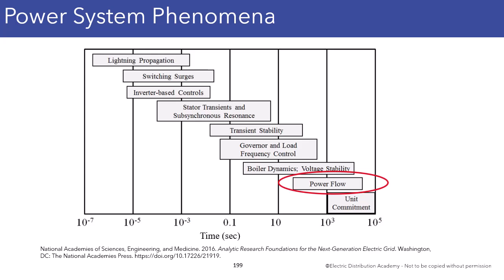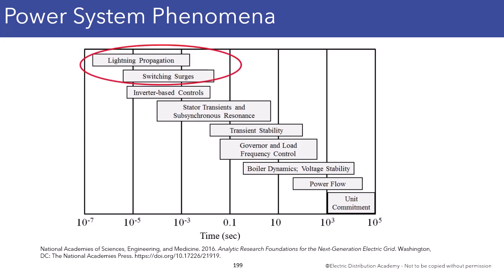Moving over towards the left and going up a little bit, you will see transient stability, which we have just discussed, anywhere from 0.1 seconds, which is about 6 cycles, up to 10 seconds or so. That's the time frame in which transient stability events happen and have to be studied.